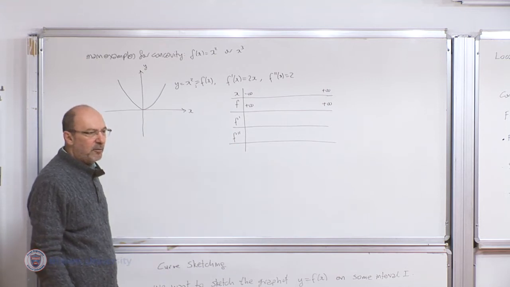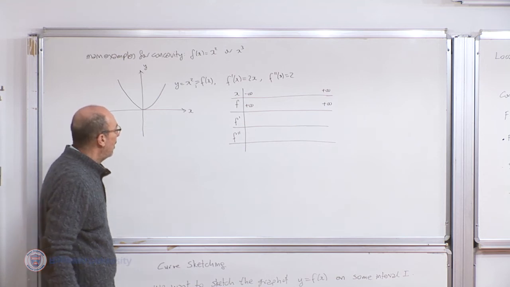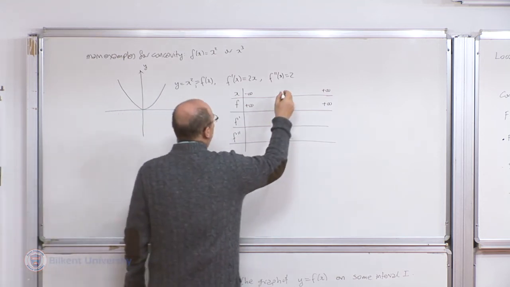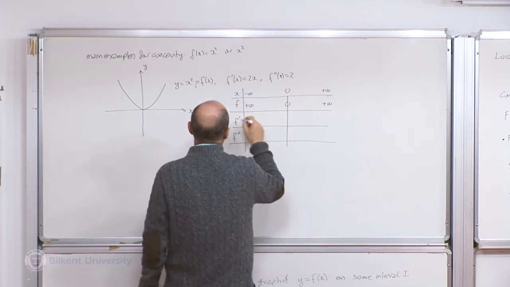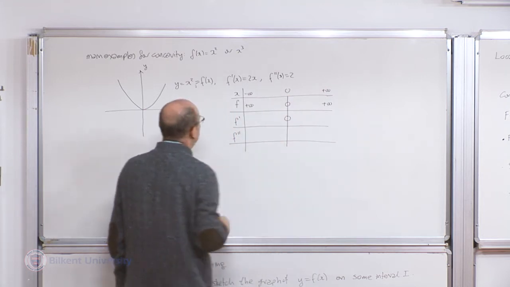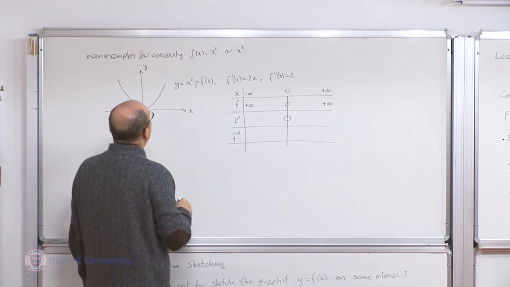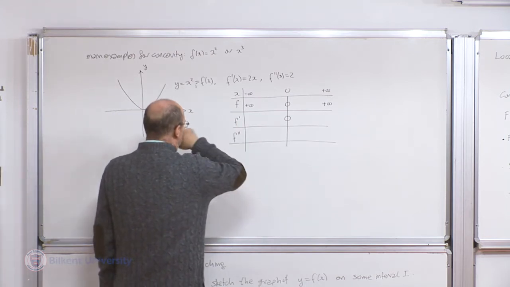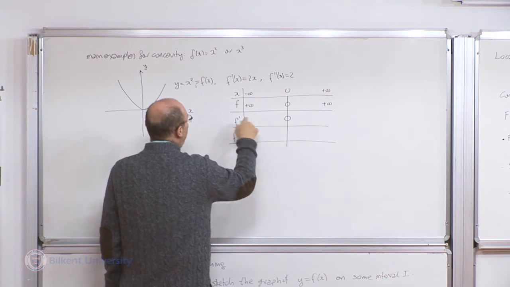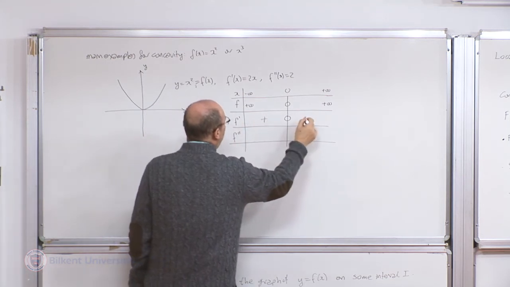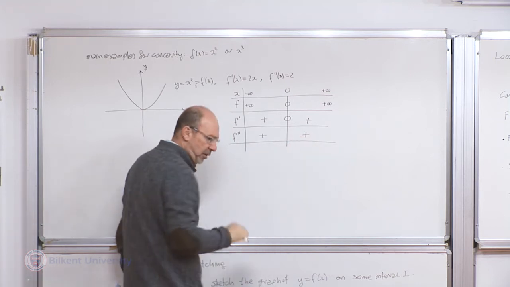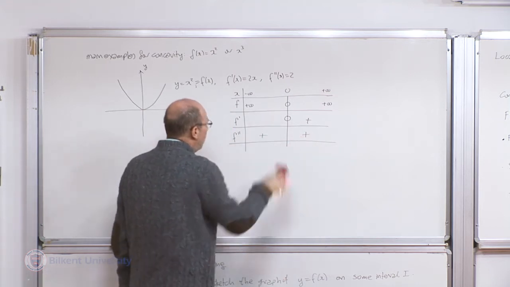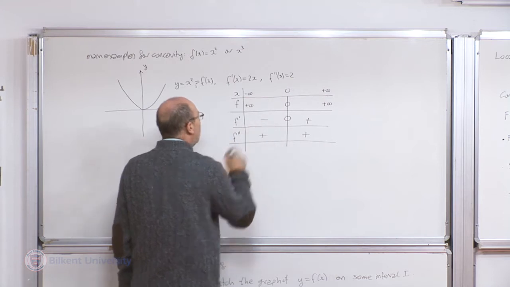This is the behavior of this function at the endpoints. It goes up to infinity. The function is 0 here, and the derivative is also 0 here, and f prime is negative here, f prime is positive here. So I said negative. It's negative here.